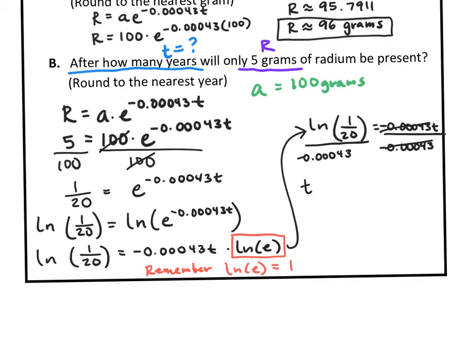And you should get, if you put it in your calculators, approximately 6,966.8192. But in the instructions, it says round to the nearest year. So it's the nearest whole number. Because it's 0.8, I'm going to round this 6 up to 7.